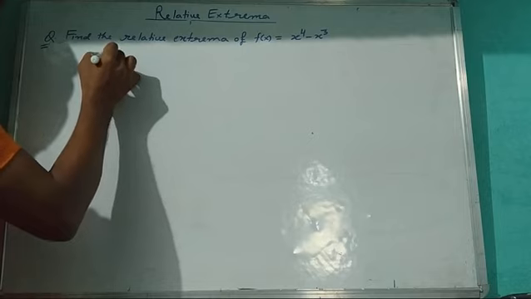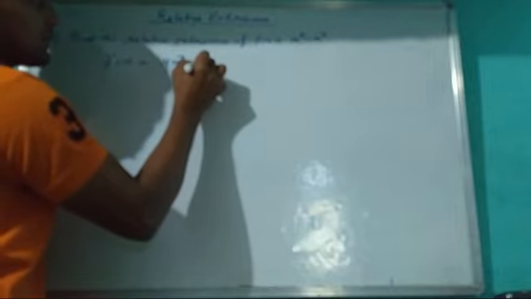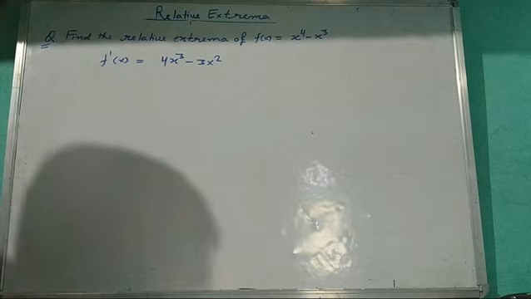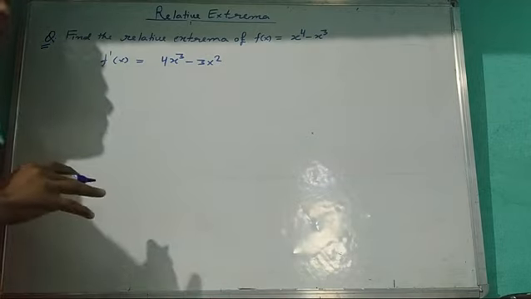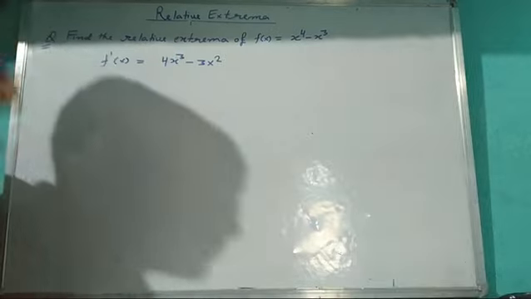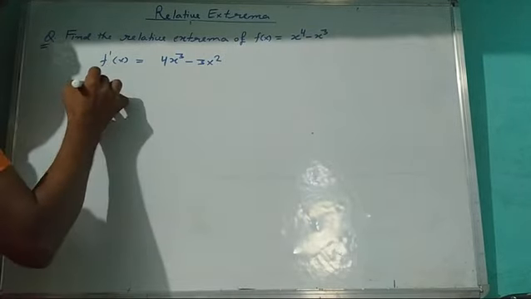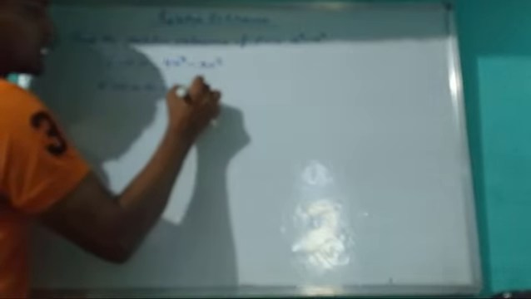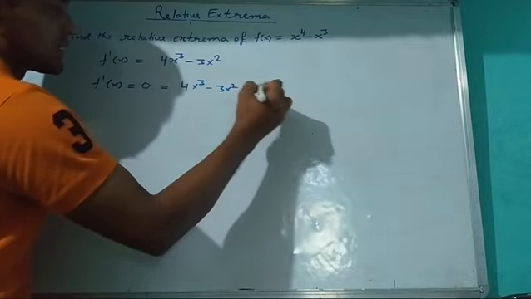The first derivative of this function is f'(x) equal to 4x^3 minus 3x^2. We know the condition for a critical point is that the first derivative equals 0. It means f'(x) = 0 = 4x^3 minus 3x^2.